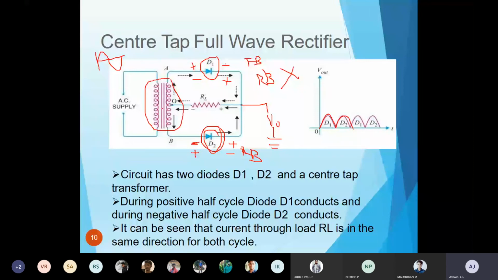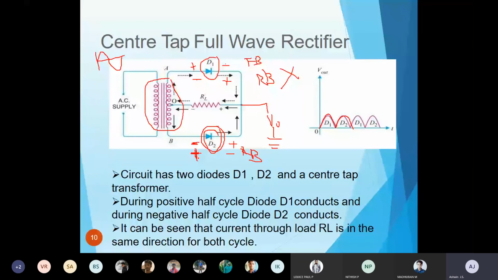That's why we are using the center tap transformer. We can't do this operation using a normal transformer. In the center tap, due to these two additional points, I can give two different voltages. Here if it is positive, here it will be negative. Here if it is negative, it will become positive. That is the purpose of the center tap transformer.